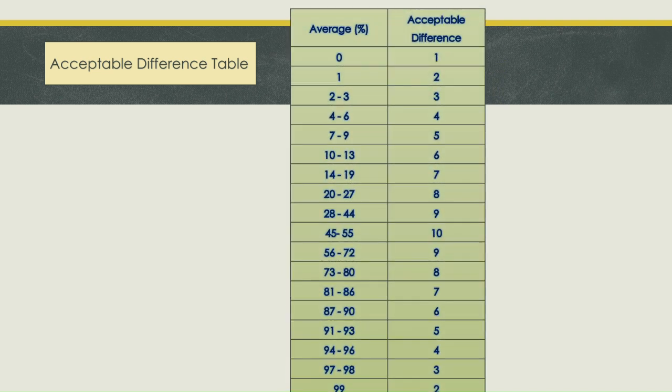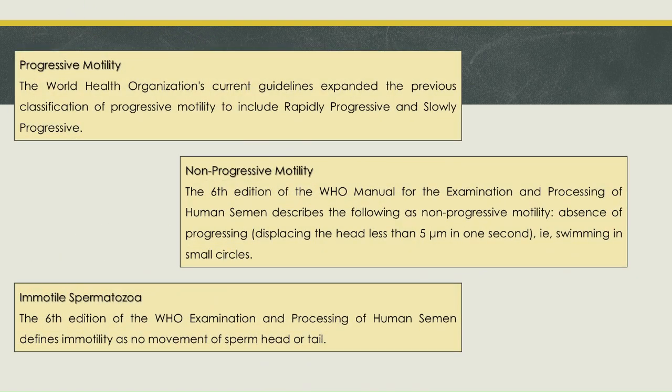Acceptable difference table. Progressive motility. The World Health Organization's current guidelines expanded the previous classification of progressive motility to include rapidly progressive and slowly progressive. Non-progressive motility.